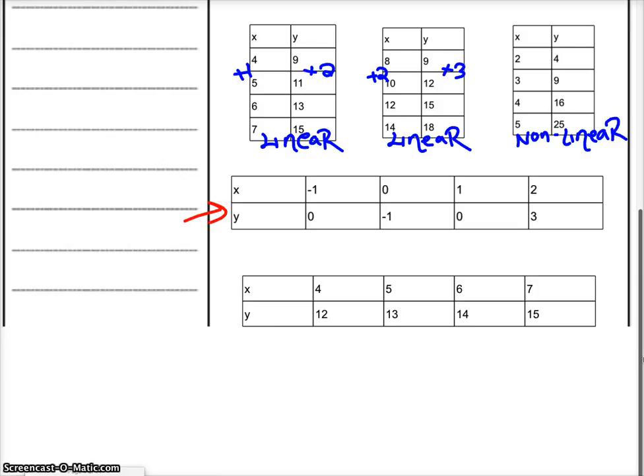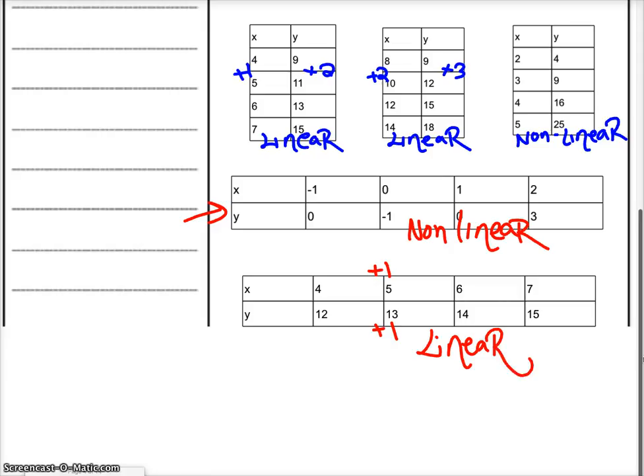Minus 1, plus 1. Right away, it's nonlinear. It's only linear if you're adding and subtracting by the same thing all the time. Okay, what do I got here? Plus 1 all the way across. Is that linear or non? Linear, because I'm adding the same thing all the time.